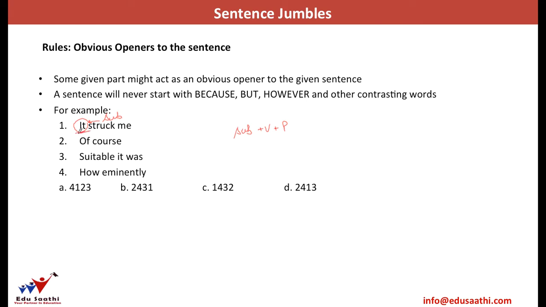So it has to be in the first part of the sentence. That is, part number one has to be the first option, right? So the entire sentence has to start with the first part, which happens only in option C. So the answer becomes option C.